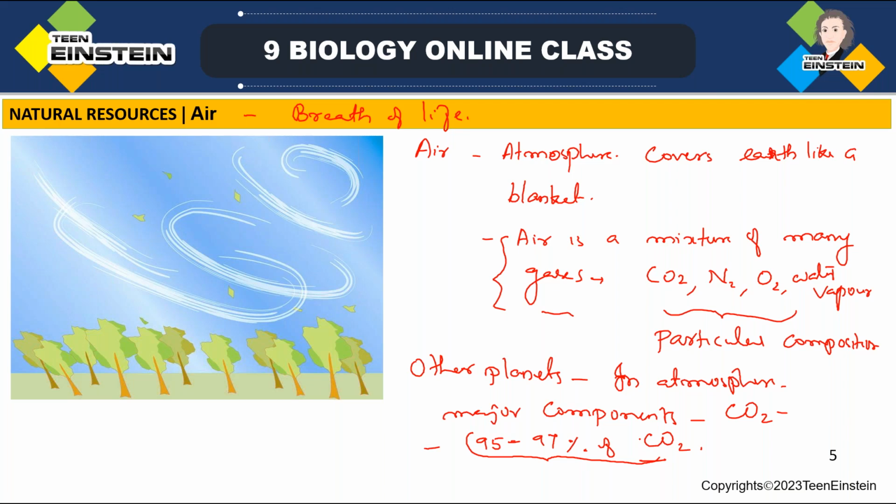The majority is carbon dioxide, 95 to 97%. In that condition, life forms like those on Earth are not able to exist. That's the main reason. Clear? That's why other planets do not have life forms.